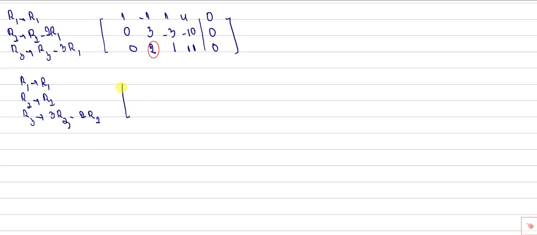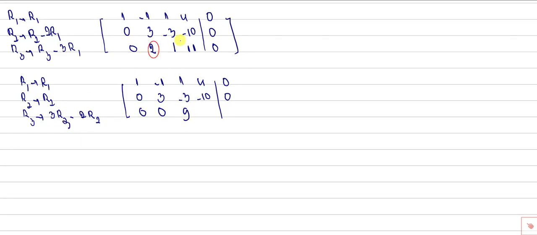So now we got our augmented matrix: 1, minus 1, 1, 4, and 0. This row is 0, 3, minus 3, minus 10, and 0. The last row is 0, 0, then 3 times this one minus 2 times this one: 3 plus 6 is 9.